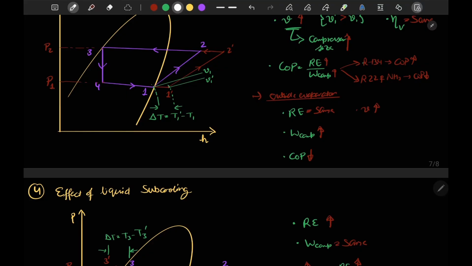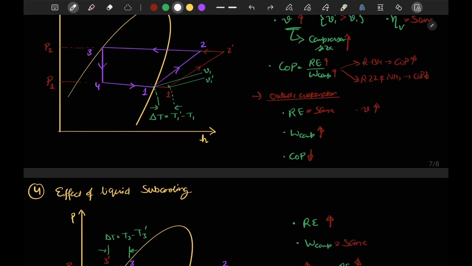And one more thing, the most important: why is it important to use a liquid vapor heat exchanger? If we use a normal refrigerator, we expect the entry of the compressor at point 1. But there is a chance that it might not reach point 1, it might remain somewhere in the wet region. In that case, liquid will also enter the compressor, and since liquid will be present, there will be corrosion.